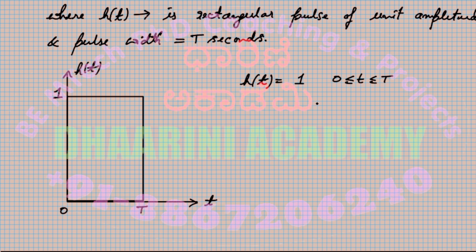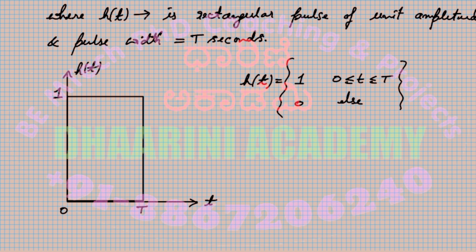So also this is 0 else. Okay, so this is 0 to T. This is my function, right? But if you remember the general function of rect t, this is how it's going to look like, right?